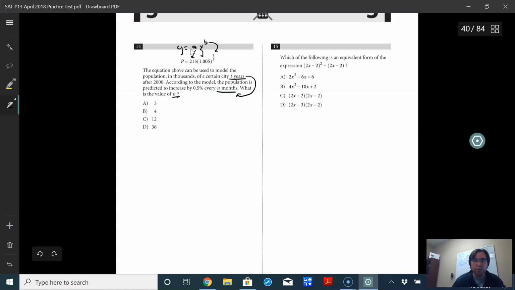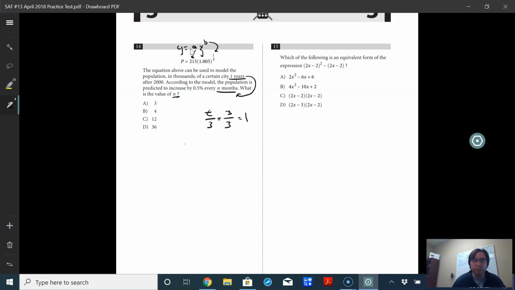And if we want to grow a full 0.5%, this t over 3 is suggesting that we have to go up by a value of 1. Well, to go up by a value of 1, the t must be equivalent to 3, right? So 3 over 3 is going to be 1. So that means now we're going up 0.5%, which is being represented here.